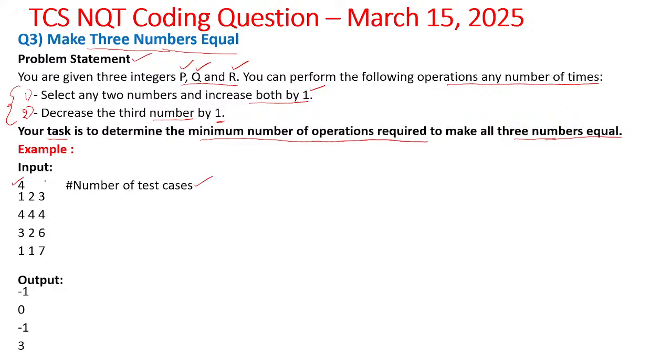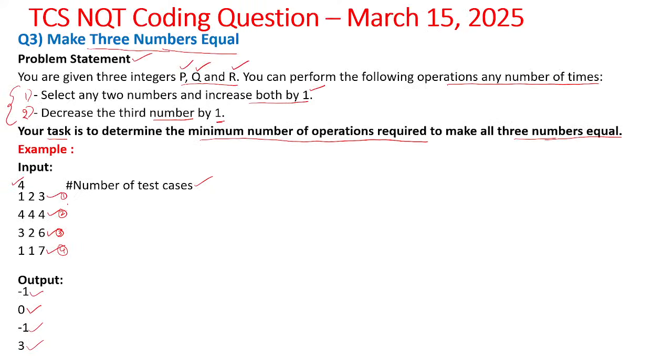Those three numbers for each test case are given like this. This indicates test case number 1, this is test case number 2, this is test case number 3, this is test case number 4. Your code should run against all these test cases. For each test case, the output is given as -1, 0, -1, and 3.